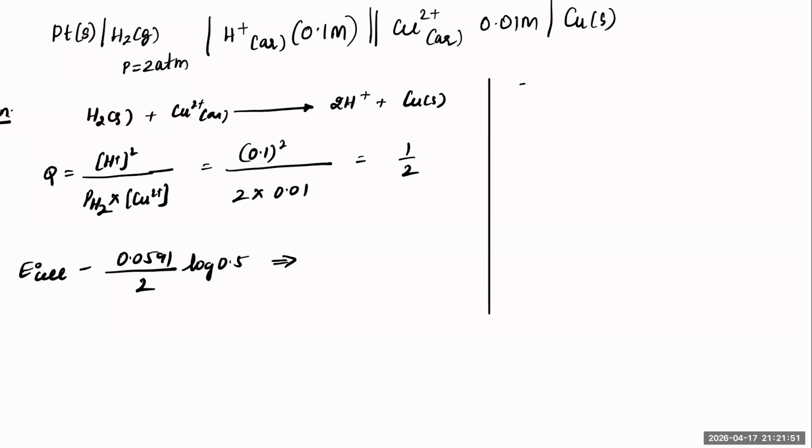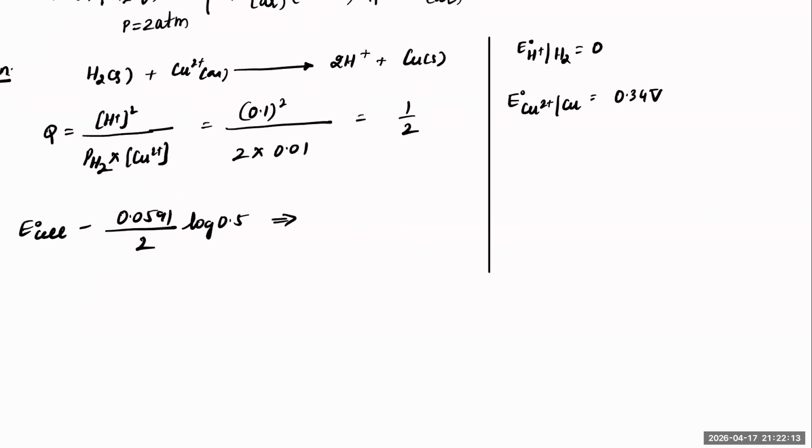I'll just give you that. This value will not be given, but you should understand the default: whether it is oxidation potential or reduction potential, hydrogen is always 0. And E naught of Cu2+ to Cu will be 0.34 volts. So we can use that.